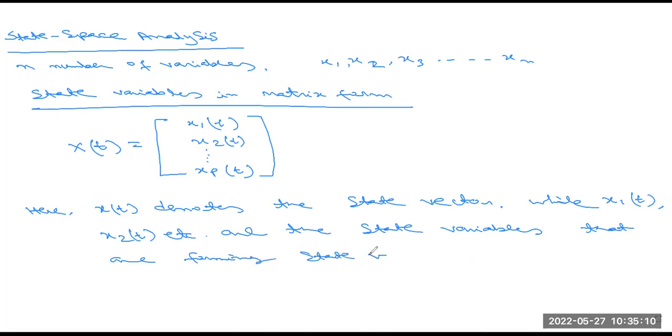In the last classes we discussed this. So this is basically the state vector for the different state variables in matrix form, and we express it in this pattern. Next we will discuss the state model.